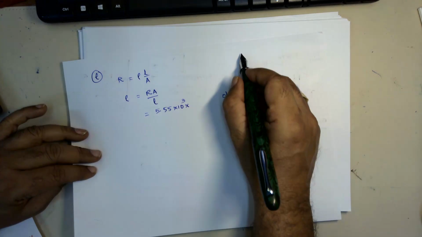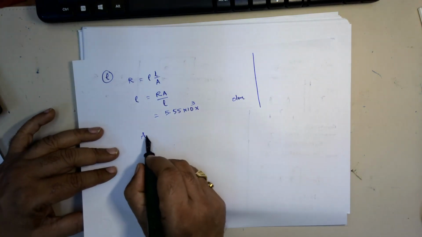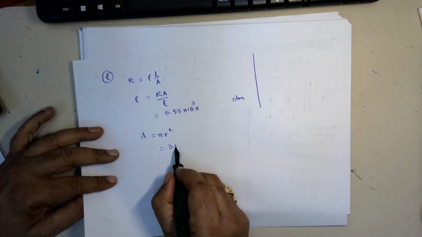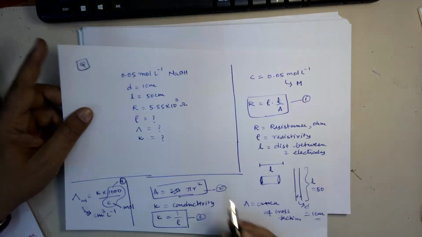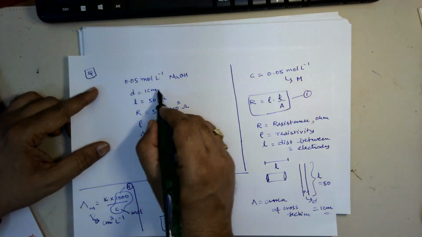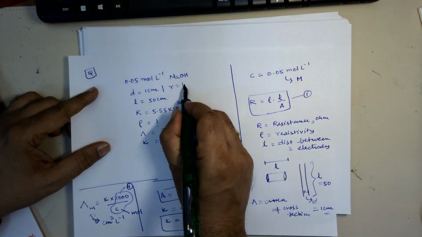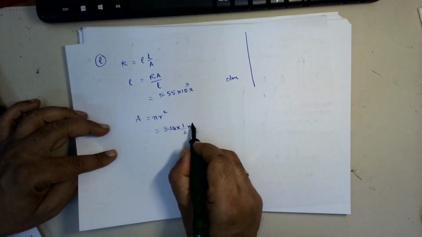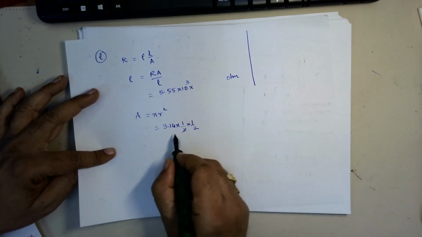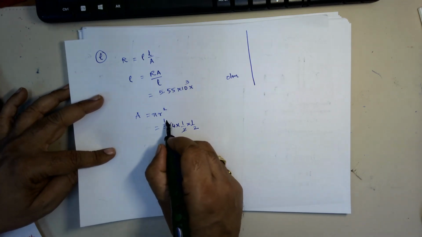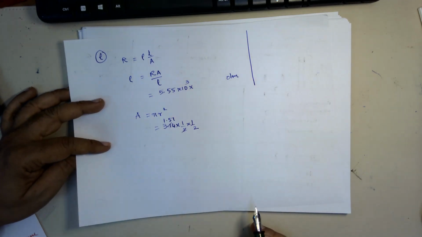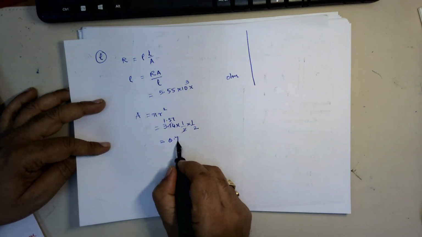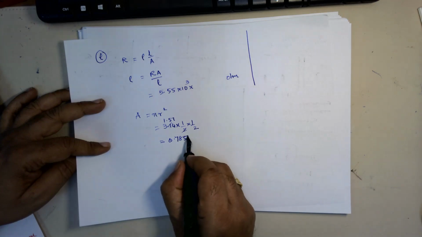So let us apply the formula. Area is equal to pi r squared, that is 3.14 into, since the diameter is given, r is equal to 1 by 2. So you put 1 by 2 into 1 by 2, which gives 0.785, correct?